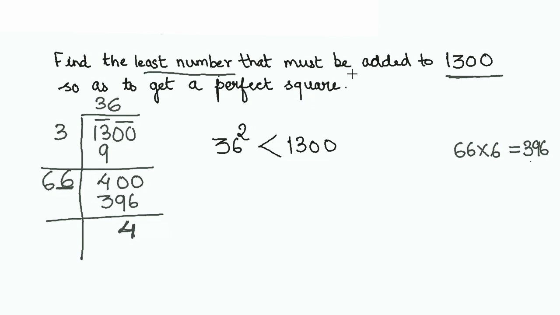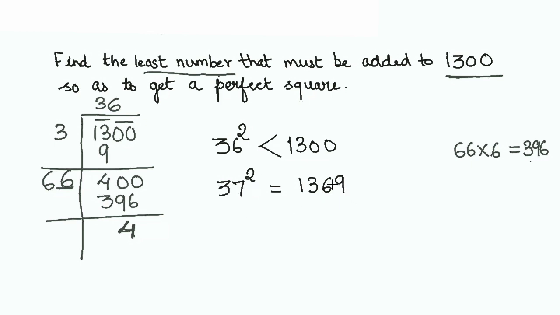So after 36, the next possible square of a number is 37 square, right? And 37 square, if you find, we will get 1369. Clear?